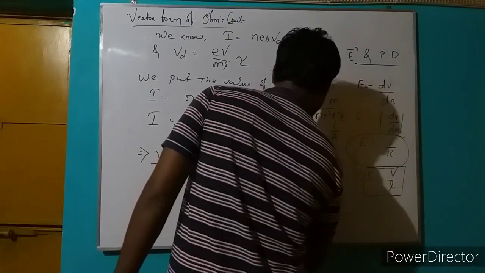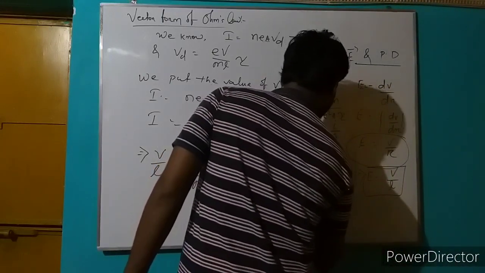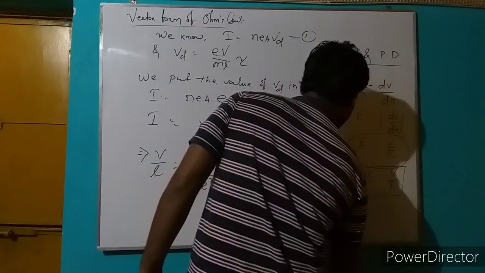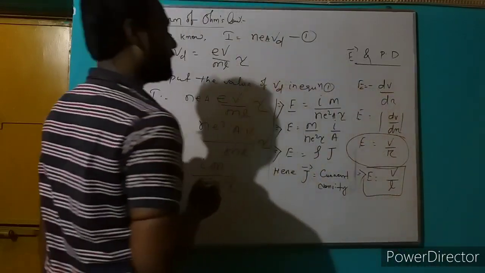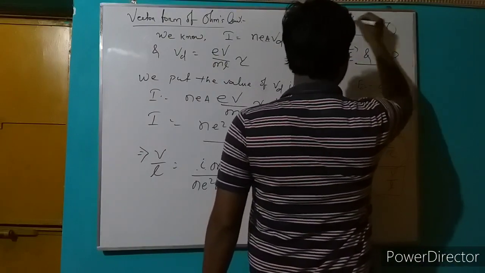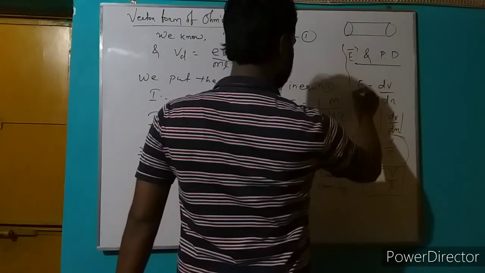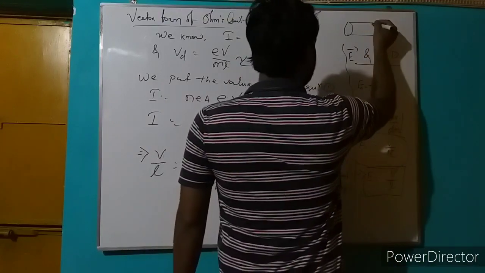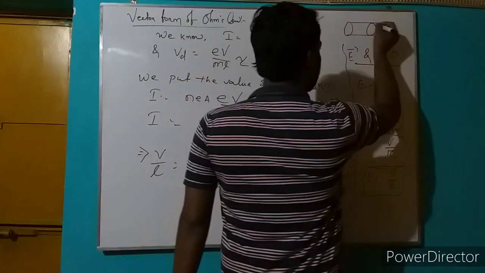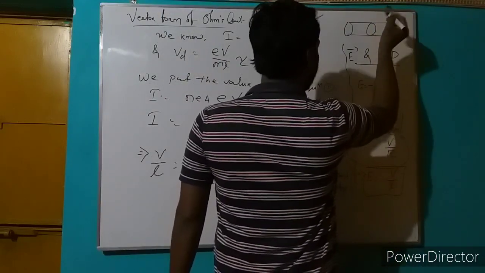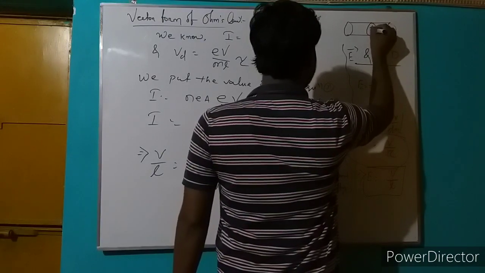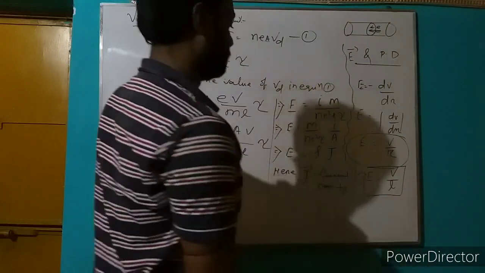J vector is called current density. What is the current density? Whenever you consider this is the conductor, and suppose this is a small cross-sectional area, inside the area the number of electrons are flowing in this direction through the conductor.